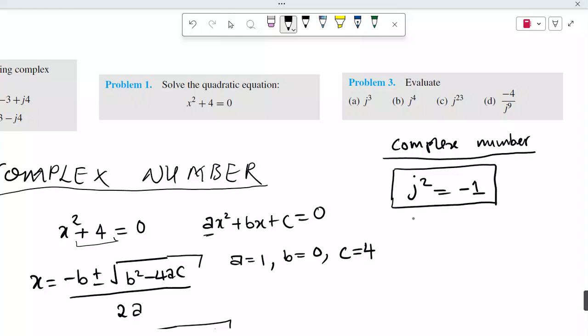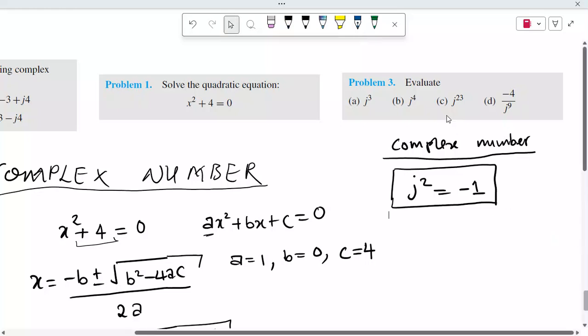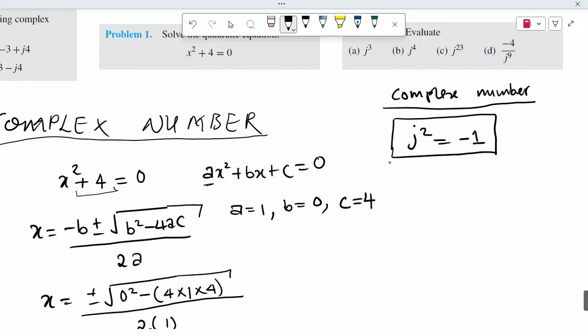So what I mean is, let's take for example, let's answer problem 3. You have part A, j to the power 3. They're saying you evaluate this. You just take out the j squared part.